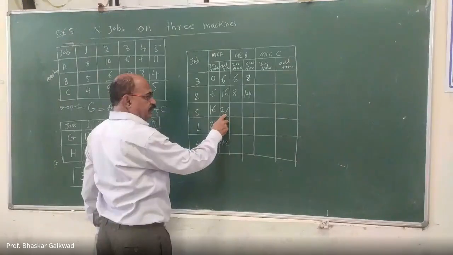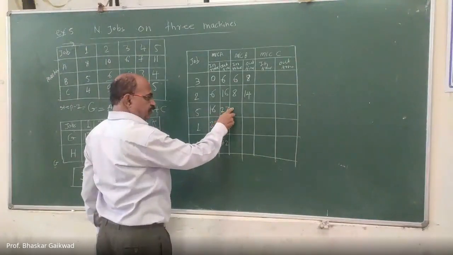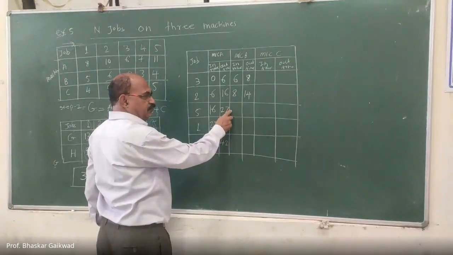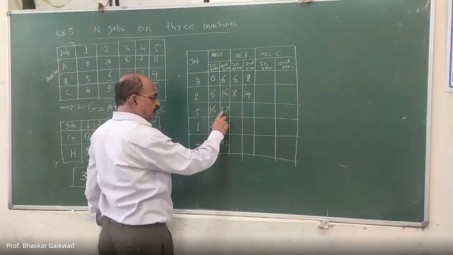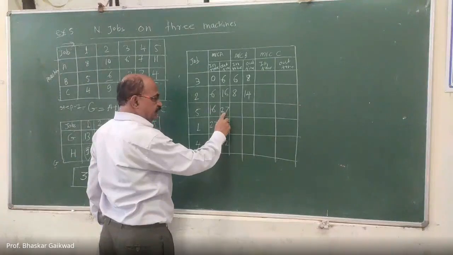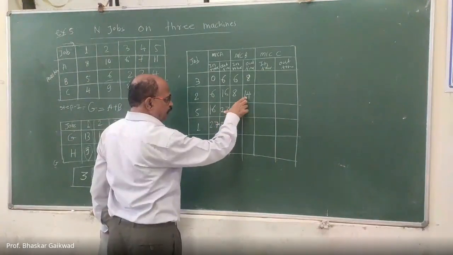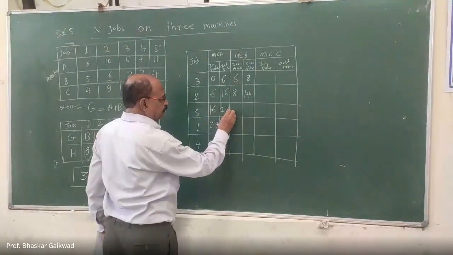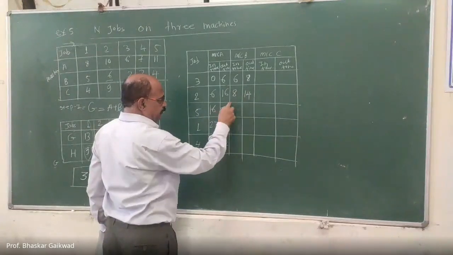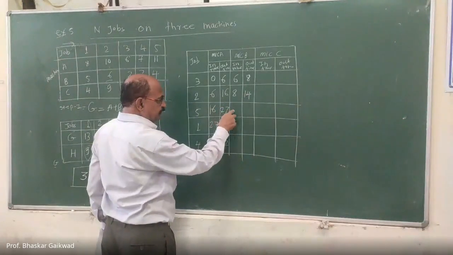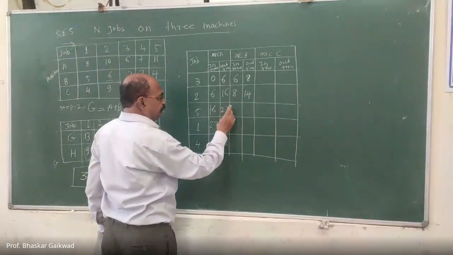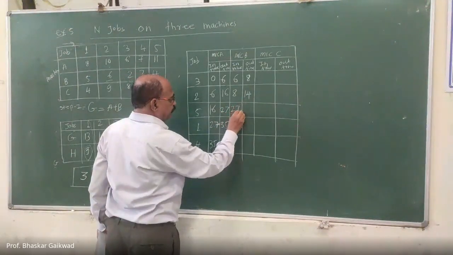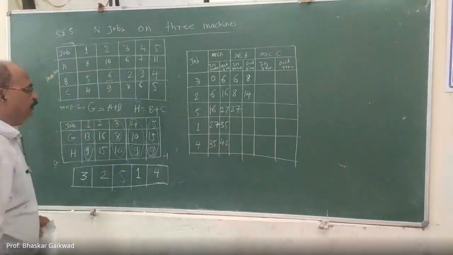Means on this machine, here some idle time will be there. So in order to compensate that idle time, whatever the maximum time is, you have to take care. Means out of this, you have to take the maximum. If this value is less than this, you can keep it here. But here there is a difference. This is the maximum, so you have to take 27.